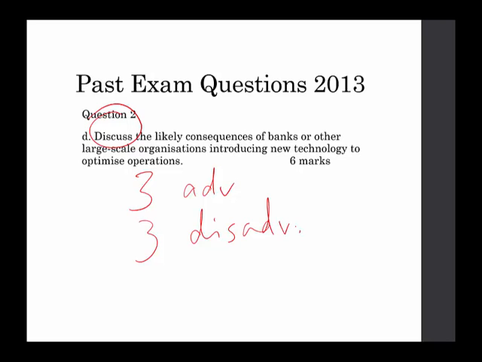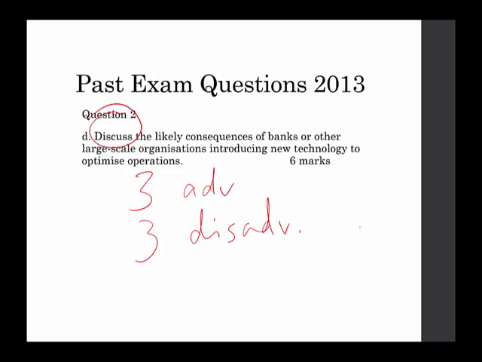So you're saying, okay, the consequences could be positive, 3 advantages, discuss pros and cons, and then what are the 3 disadvantages? So here you might have things like redundancies for staff, lack of job security, the dumbing down of jobs. 3 advantages, obviously, increase in efficiency, increased service delivery for customers, that sort of thing.